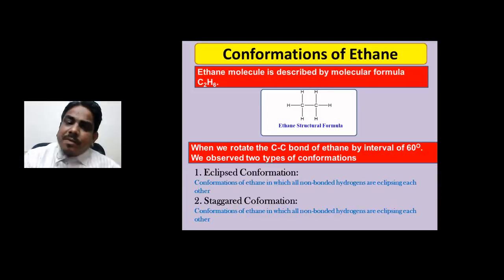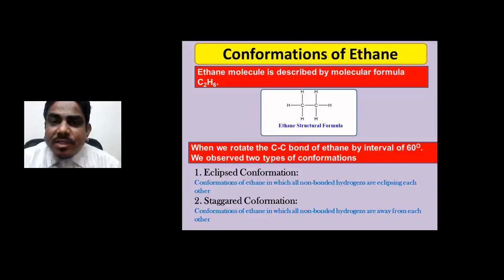In the eclipse conformation, all the non-bonded hydrogens are eclipsing each other. The second conformation is the staggered conformation. In the staggered conformation, all the non-bonded hydrogens are away from each other. The conformation of ethane in which all the non-bonded hydrogens are eclipsing each other is known as the eclipse conformation.